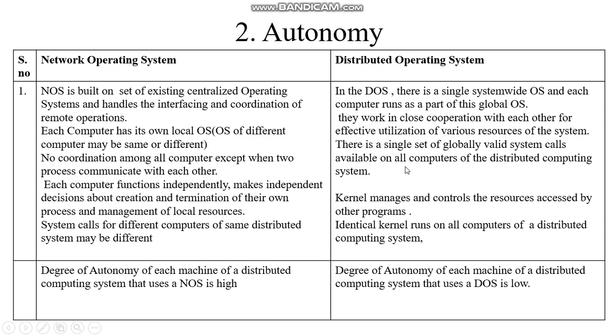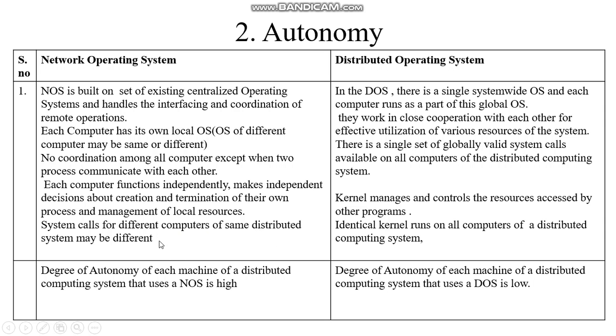But in a distributed operating system, there will be close cooperation with each other for the effective utilization of various resources. In a network operating system, each computer functions independently and makes decisions about its own creation and termination of processes, and system calls will be different for the local machine and for remote machines.